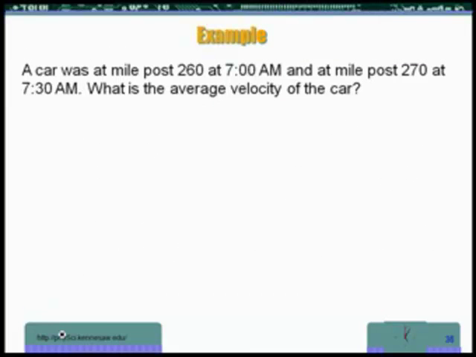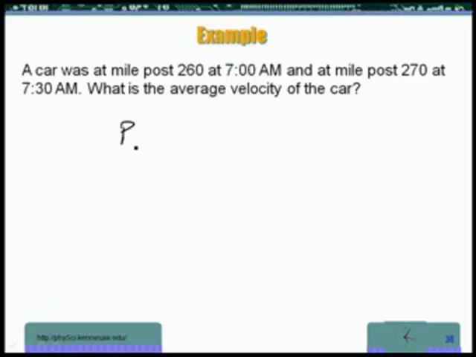Okay, we have another example. A car was at milepost 260 at 7 a.m. and milepost 270 at 7:30 a.m. What is the average velocity of the car? So what we have here is two positions.